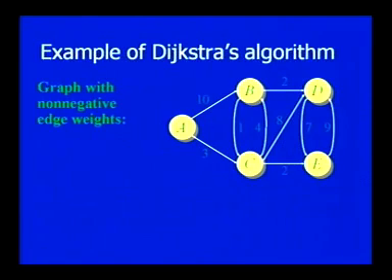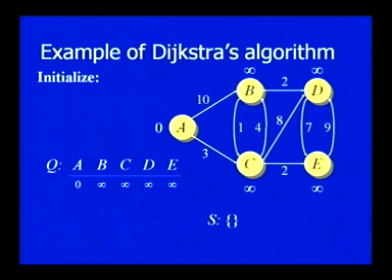This example we discussed in the last class. Please recollect, we have taken the edges and our aim is to find the shortest path from the starting vertex to the end vertex. Initially we start with the solution set, which is null, and then we check for the minimum cost edge.